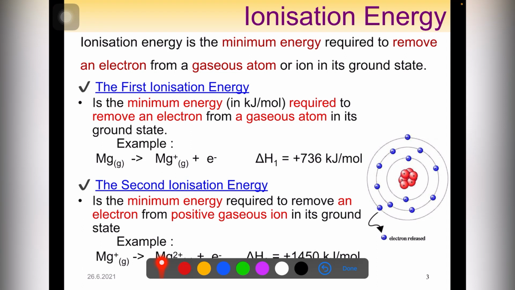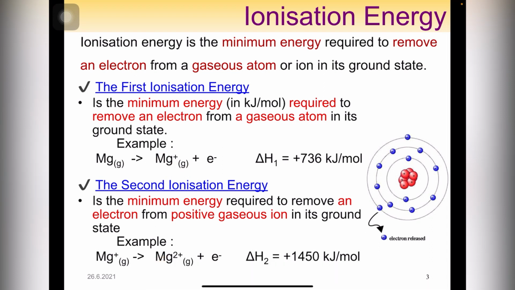The first one is removed from the gaseous atom, forming Mg plus gas. For the second ionization energy, it will remove another electron from the Mg plus gas, which is formed from the first ionization energy.